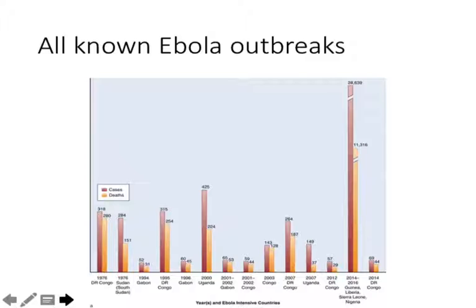Either they have died, or we've blocked the transmission from one individual to the next. Okay. So that's the context for today, to try and talk about what are some of these factors that contribute to this type of pattern with Ebola infection.